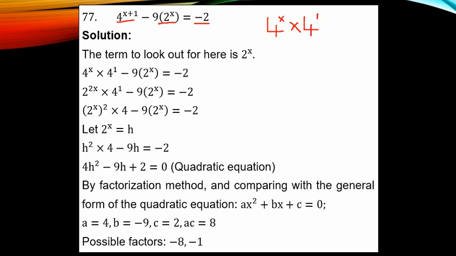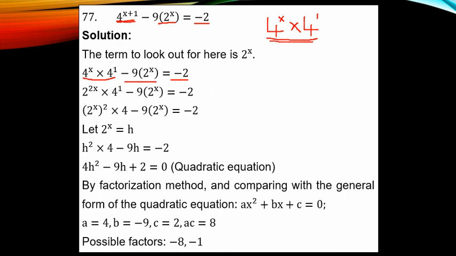If you simplify this by the law of indices, you are going to have this expression here. Can you see that? So we need to reverse this expression to the form we have here. That is this. So you have 4 power s times 4 power 1, then minus 9 bracket open, 2 power s bracket close equal to minus 2.